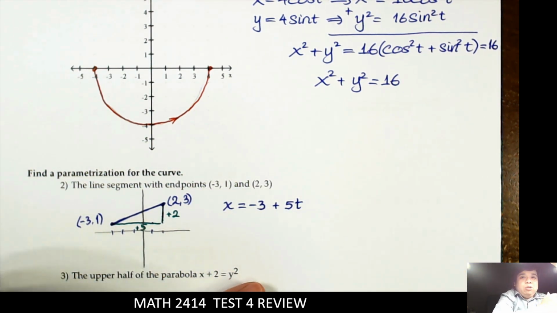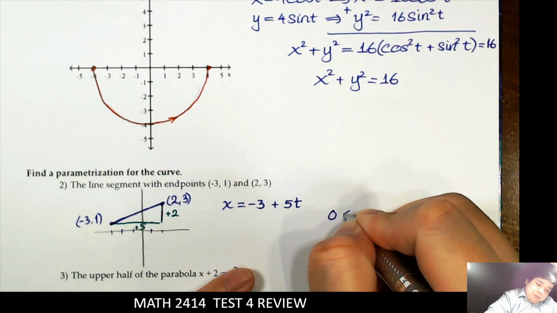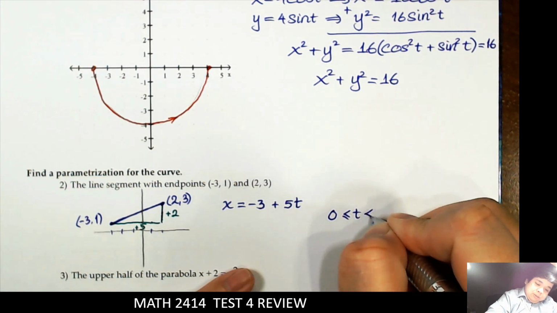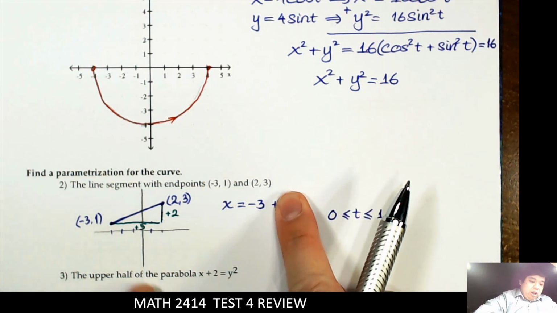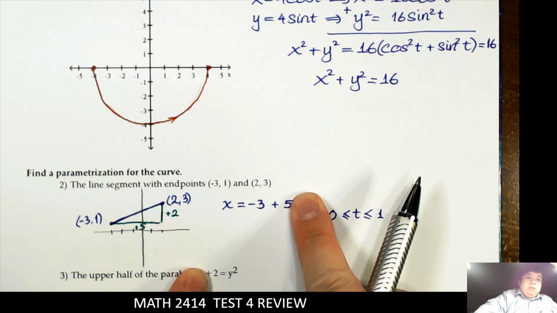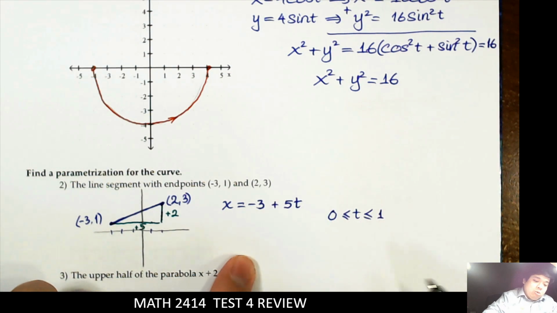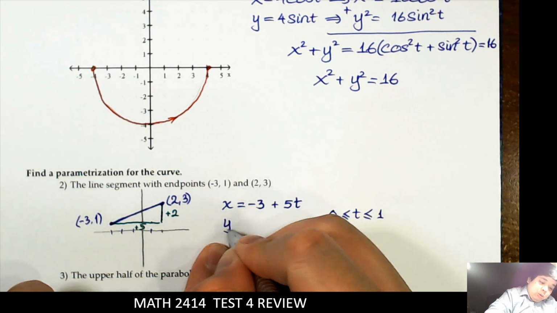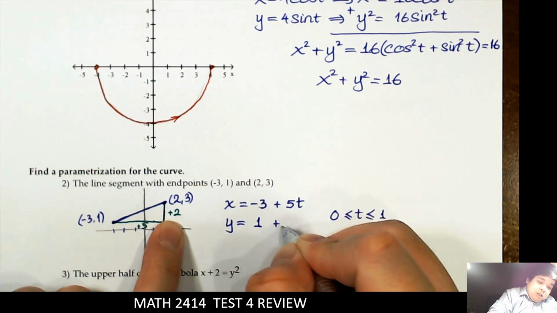If we let t go from 0 to 1, then initially when t equals 0 we have -3. When t equals 1, this is 5 minus 3, which is 2, so that works. By the same token, we write y equal to, we start at 1 and then plus 2t.